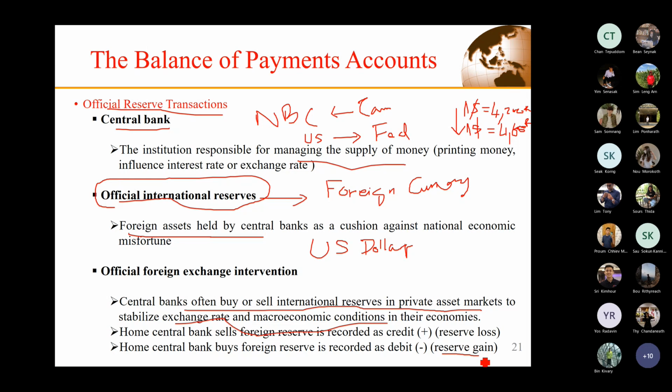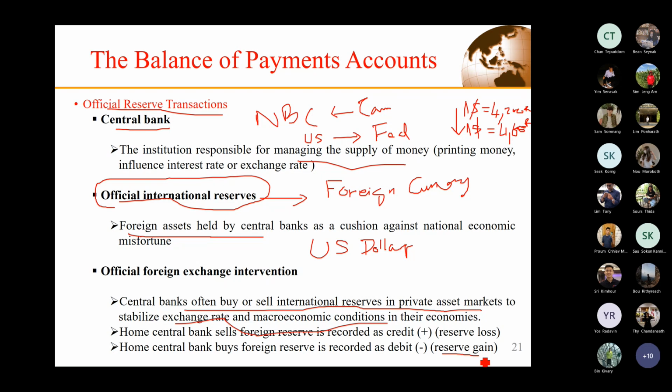Okay, so I think you may have got the point from this slide. The key message is that the international reserve, which is mostly in the form of US dollars, is one of the very important ingredients for the central bank of each country in trying to influence the exchange rate.